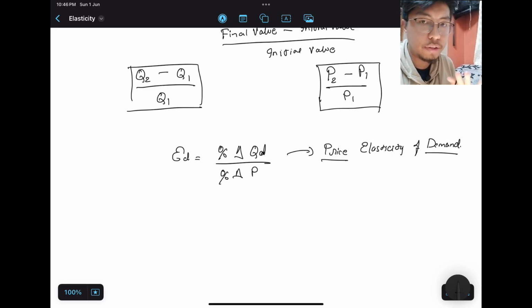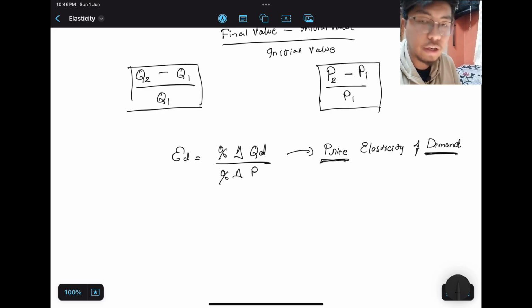I have explained this in layman's, elementary terms. Price elasticity of demand basically tells you, when prices are changing, what is the degree of response, or the responsiveness, of the demand.